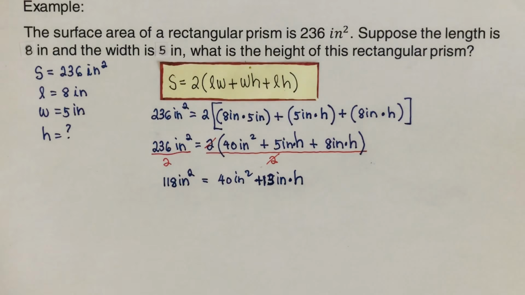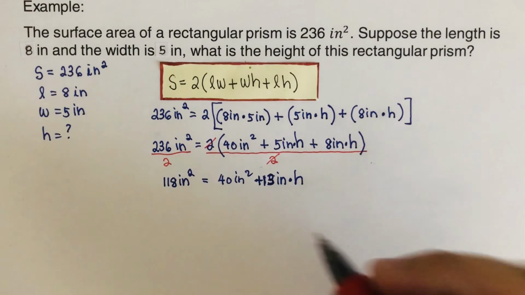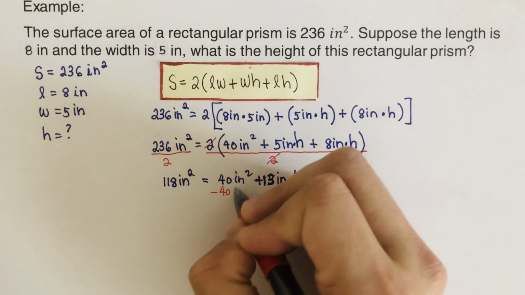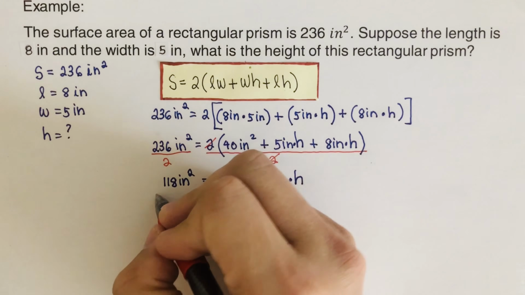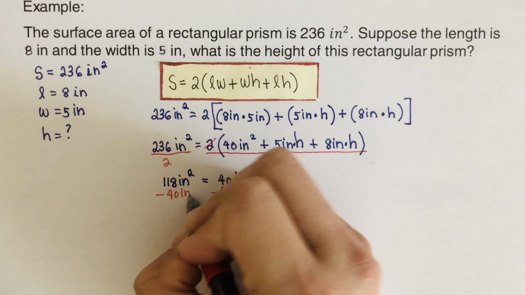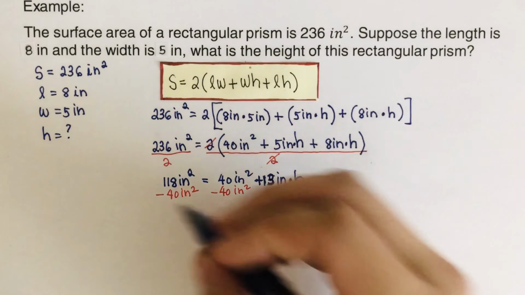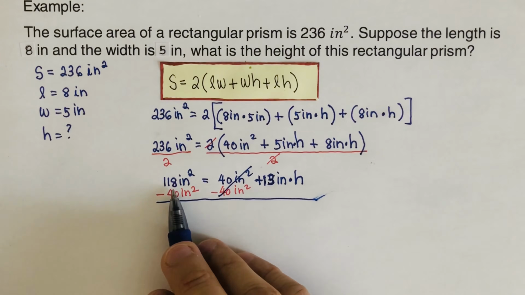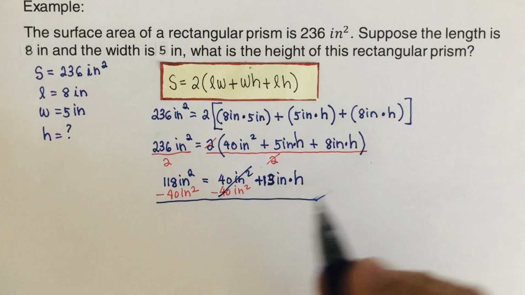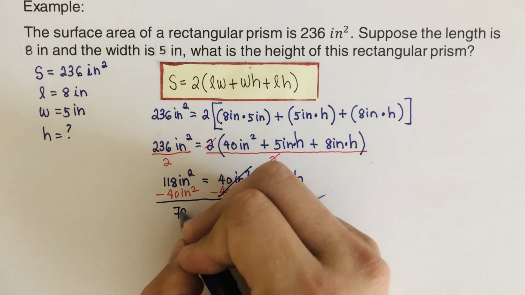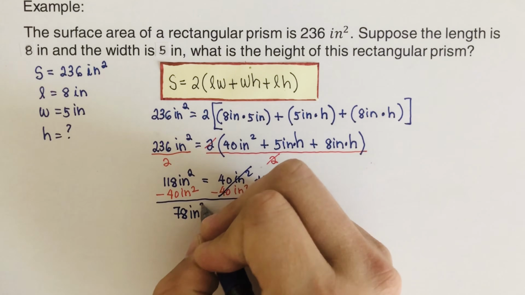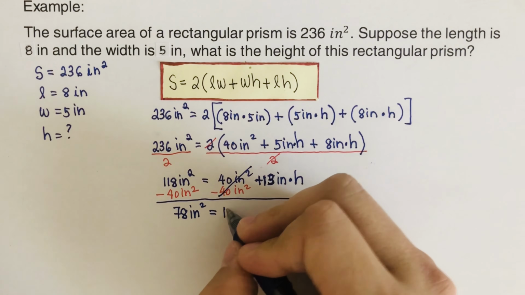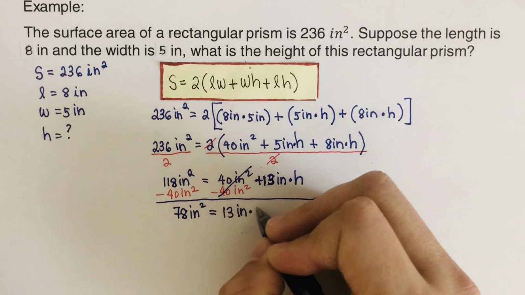Then from here, we want h by itself, so we subtract 40 inches squared from both sides. The 40 inches squared cancels. 118 minus 40 inches squared would be 78 inches squared, which is equal to 13 inch times the height.